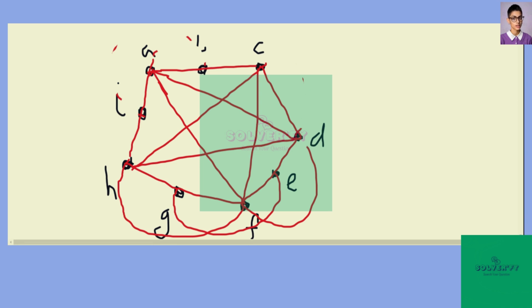Now, to understand this graph better, let's just consider the graph where we remove all the curved edges from this graph.